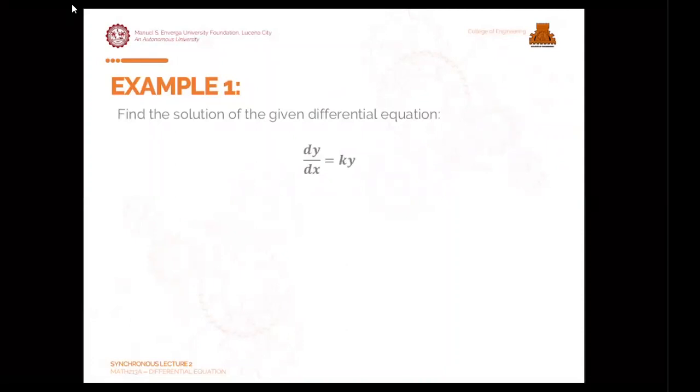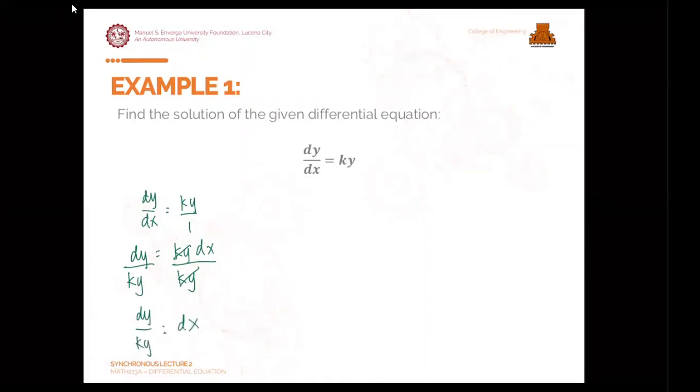So, pinakamadali nang gawin is to interchange yung dx saka yung ky. So, we have dy over dx is equals to ky over 1. And interchange natin yung dalawa. Let's multiply dx, tapos tsaka natin i-divide by ky. So, nagiging dy over ky is equals to dx.